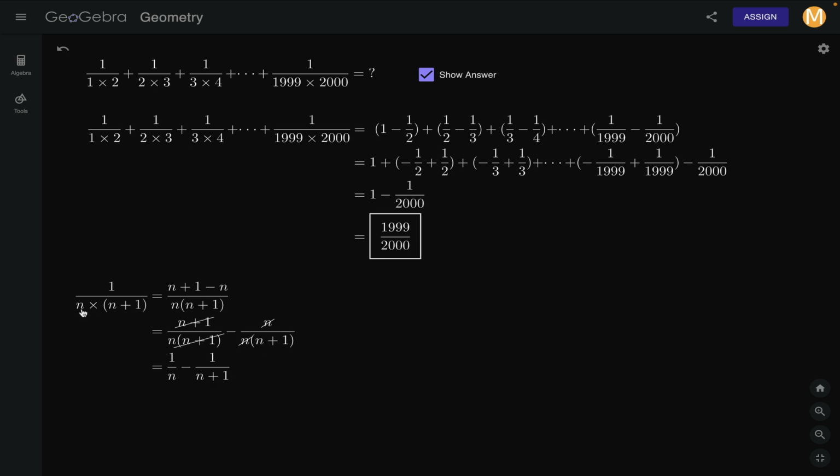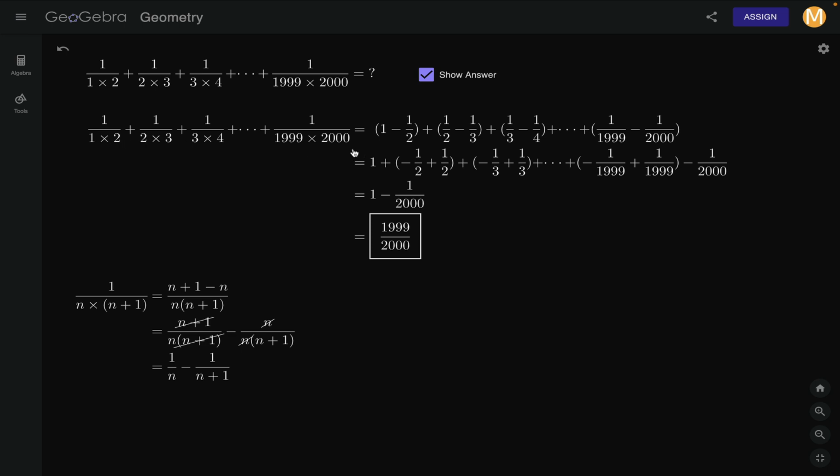So when we have the sequential multiplication in denominator, the splitting in 2 will result in 1 over n, the first part of the denominator, and the second term of denominator will be minus 1 over n plus 1. So if we come here and do it for every term.